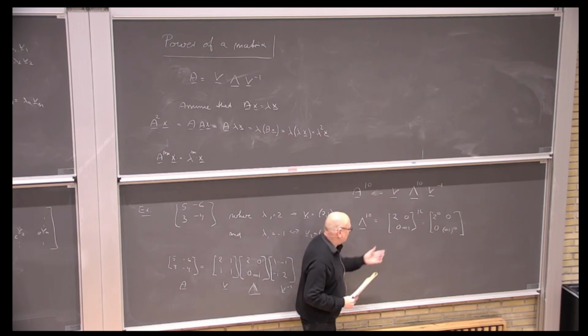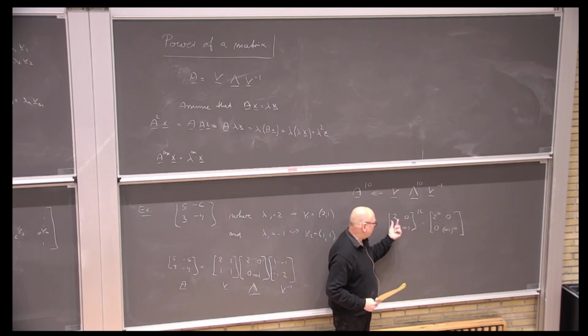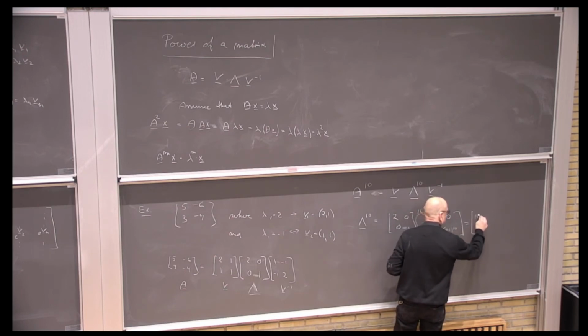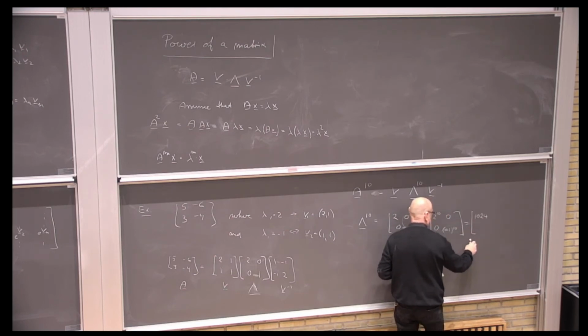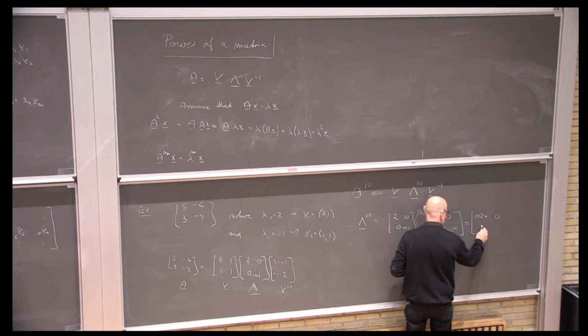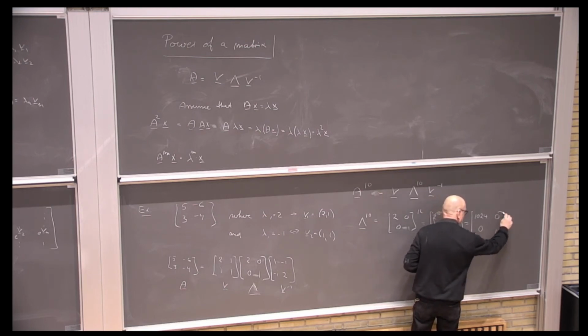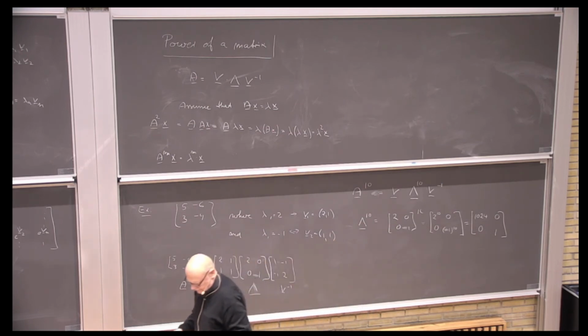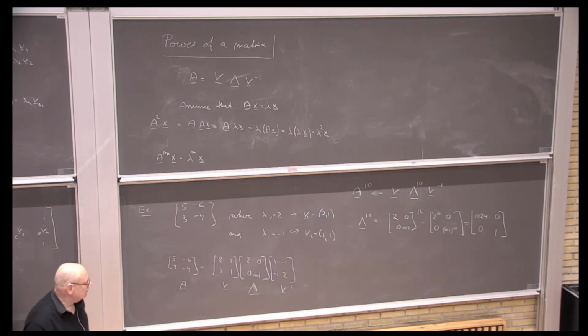Because when you then get the power here, you get this, and this is 1. So this is the power of the diagonal matrix lambda.